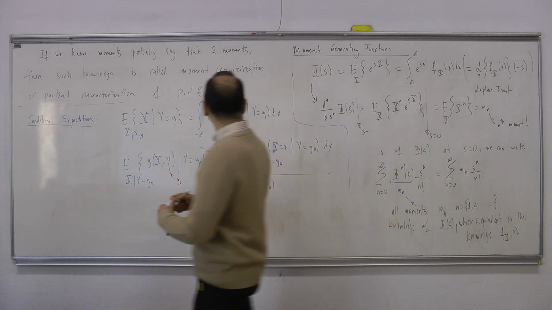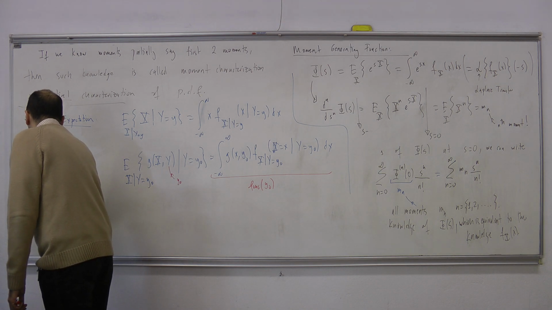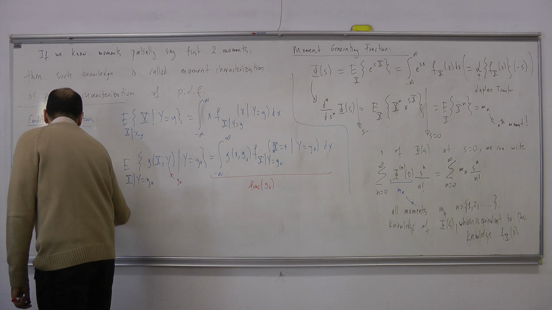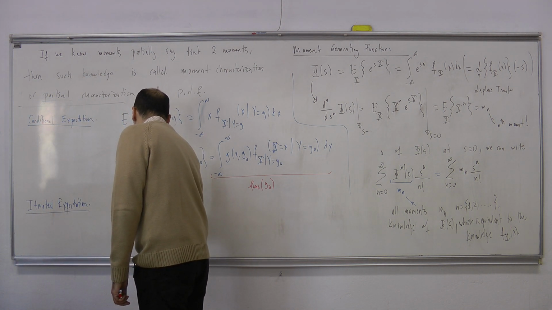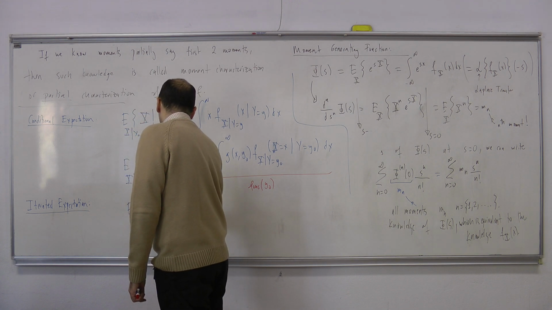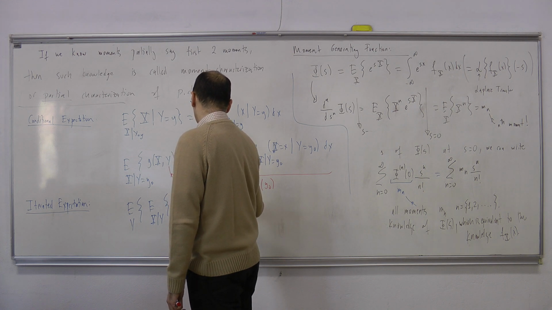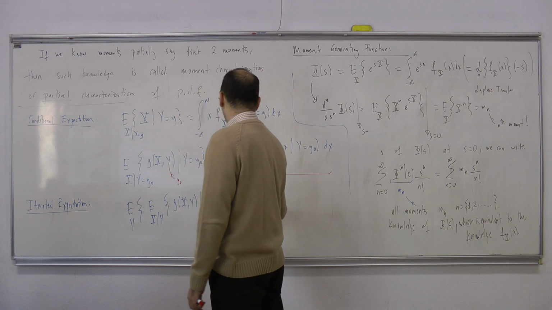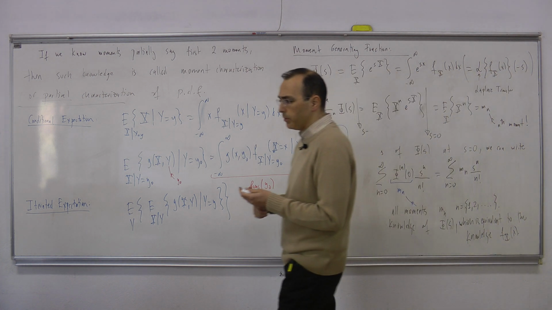This is a little bit confusing looking, but if you pay attention to the details, it's not so confusing. Let me write the final result, iterated expectation. So this is over y. If you haven't seen this before, it would be very confusing looking, but this is just a reminder.